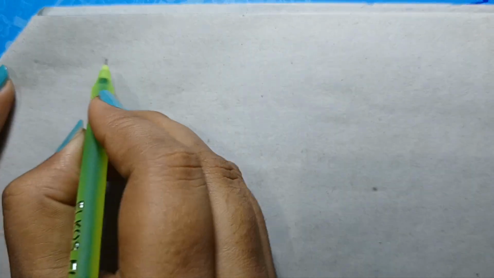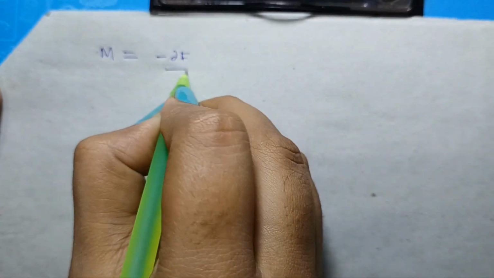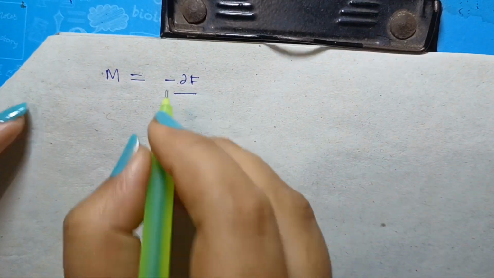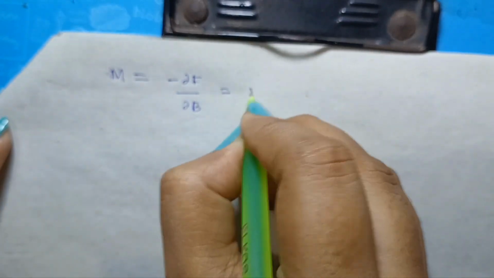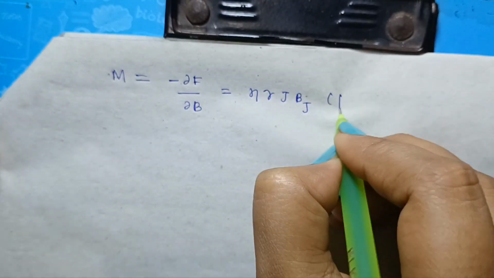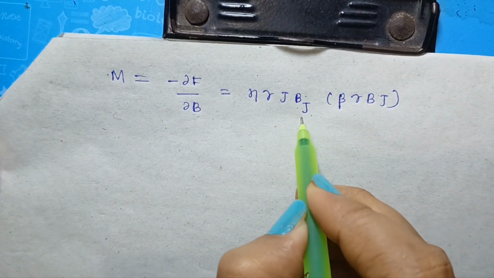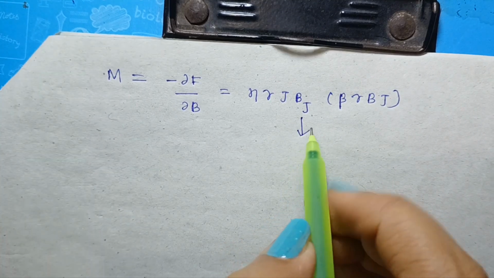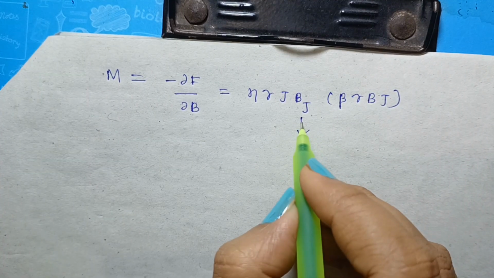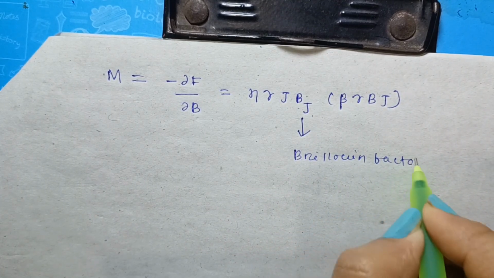So now M equals minus del F by del B. It will be N gamma J B_J(x). This B_J is known as the Brillouin function.